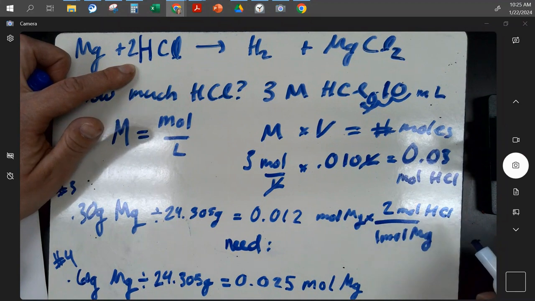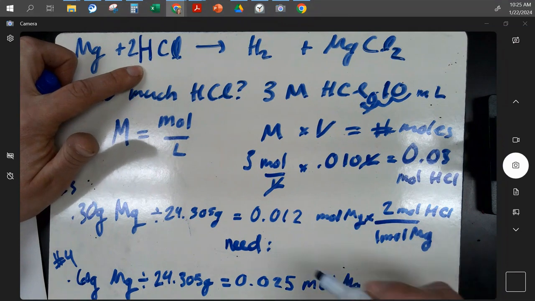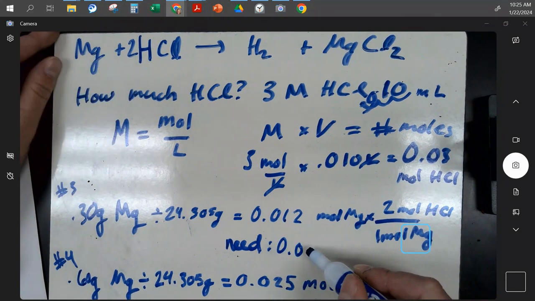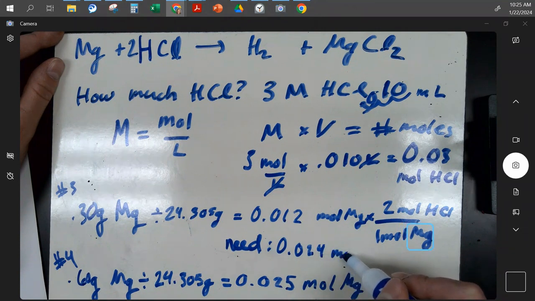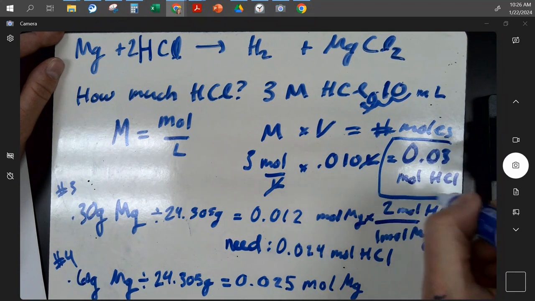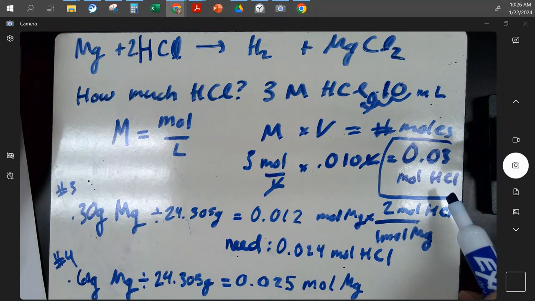I'm just using my chemical equation. This is a 1-to-2 ratio. So I would need 0.024 moles of HCl. How much HCl was there? Well, every time we had 0.03 moles of HCl. Are we following okay? Okay.